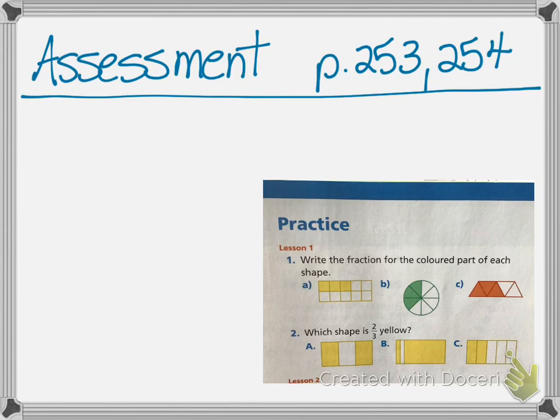Okay, so what I'm going to do is go over each question with you today, and I'm going to help you get your page set up, get everything organized, and I'll go over each question so you know exactly what you're supposed to do. And then I want you to do each question with me as we go along, but I'm not going to tell you any of the answers today.